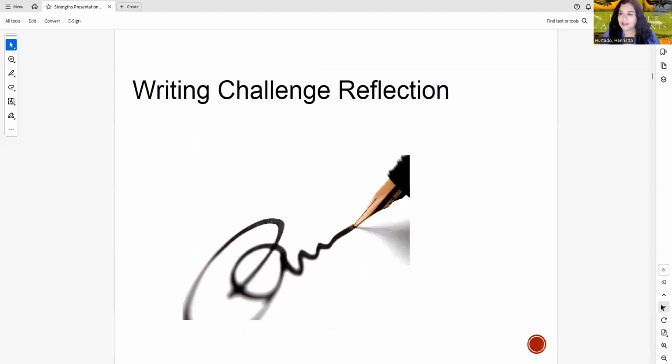So I'm going to ask you to take some time and write your name. I know we talked about the importance of your name, but write your name with your non-dominant hand. Meaning if you are right-handed, write your name with your left hand. If you are left-handed, write your name with your right hand.